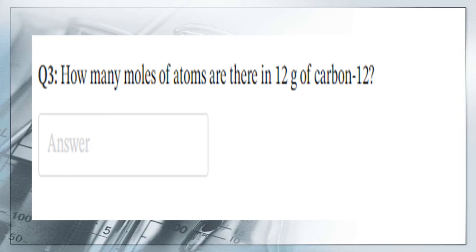Another question here. How many moles of atoms are there in 12 gram of carbon 12? We said before in our illustration that carbon 12 is the element used for comparison, giving the one atomic mass unit.